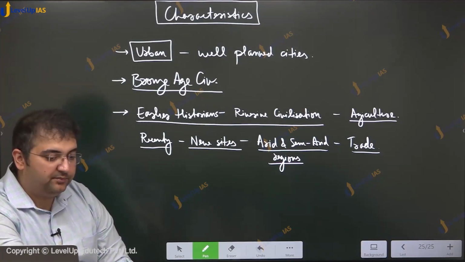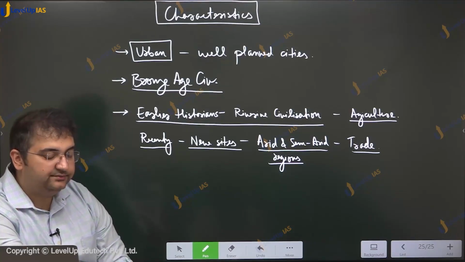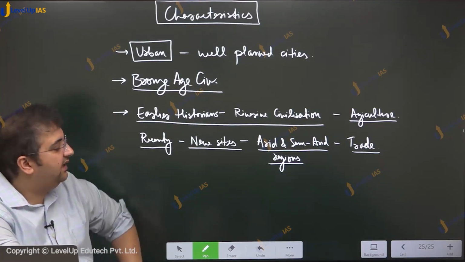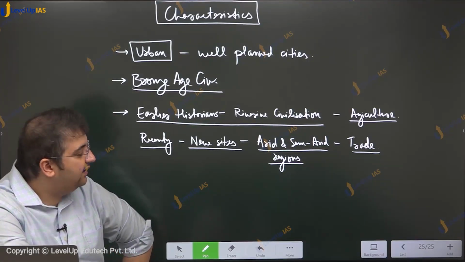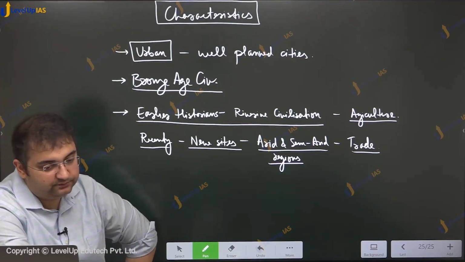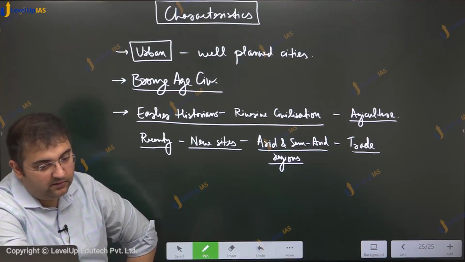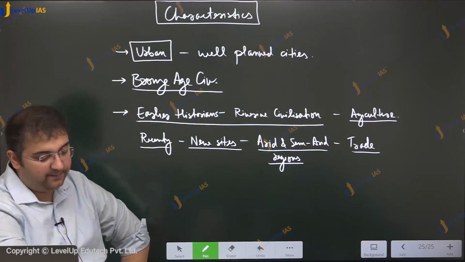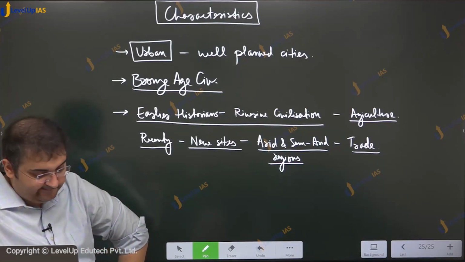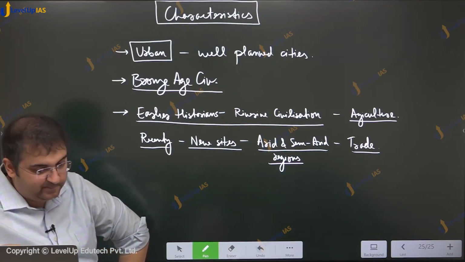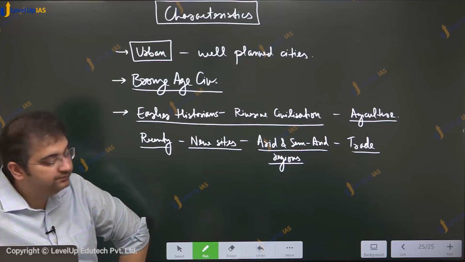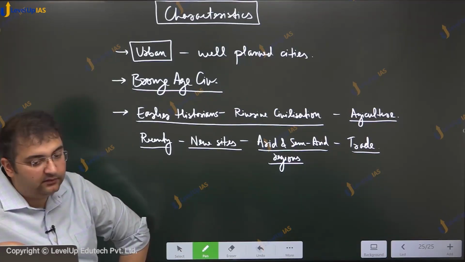Full stop. Next subpoint. It appears that trade and crafts production must have played a very important role in Harappan urbanization.